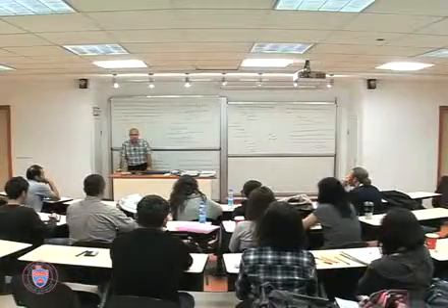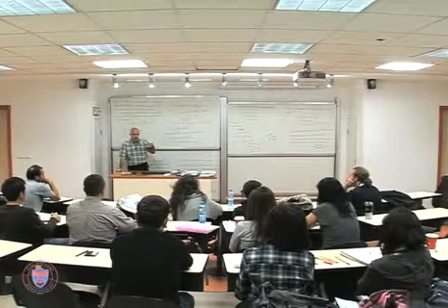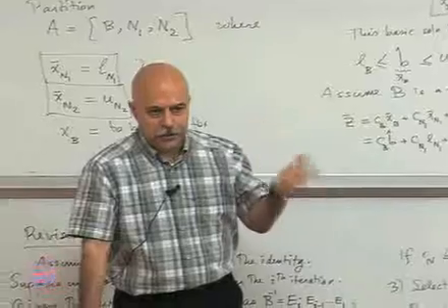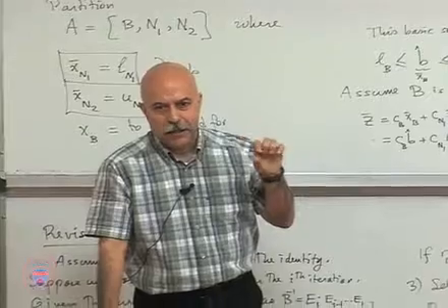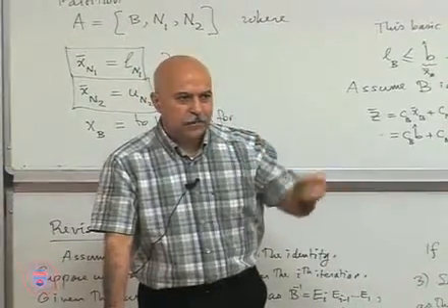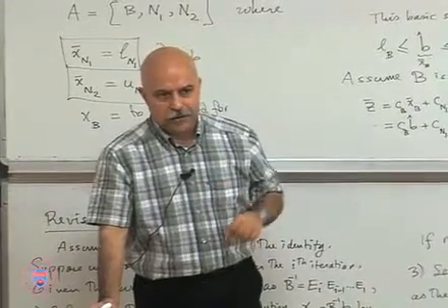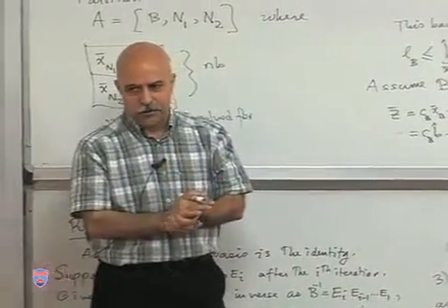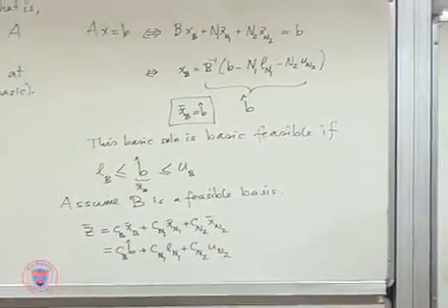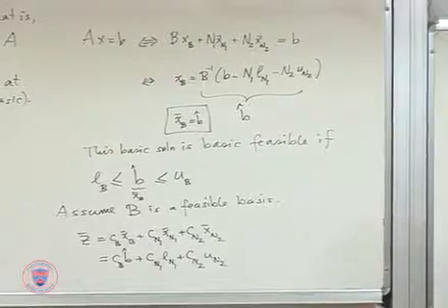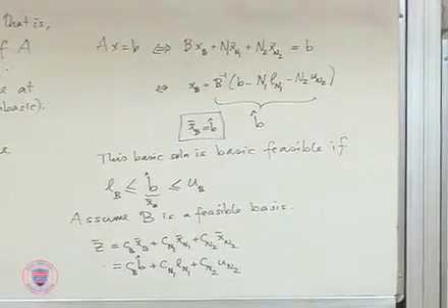As in the old case, in other words, the new basic feasible solution will be adjacent to the old basic feasible solution if some non-basic variable is now basic and some basic variable is now non-basic. Okay, so a swapping of the roles again. The question is, how do I identify which non-basic variable should become basic now?